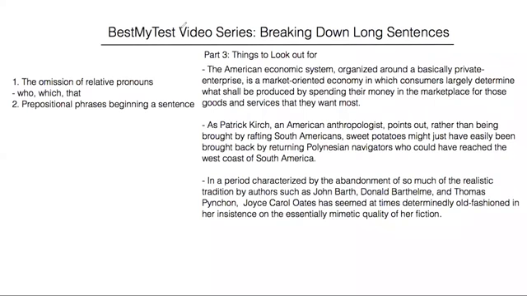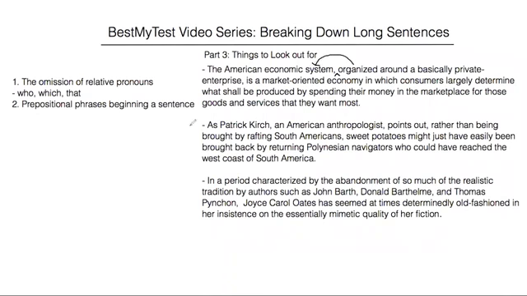Now, another way to say this would be the American economic system, which or that is organized around a basically private enterprise. So if you see a clause like this, there could be a chance that it has omitted who, which, or that, and this phrase here is referring to what comes before, the American economic system.